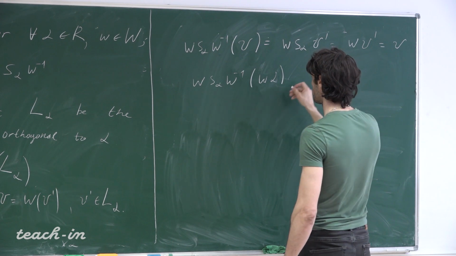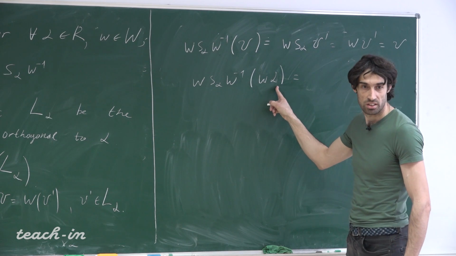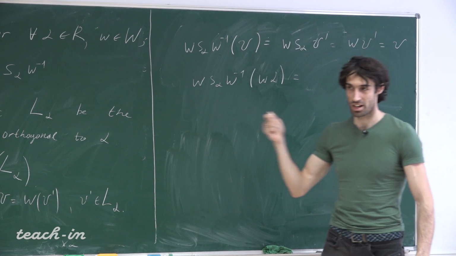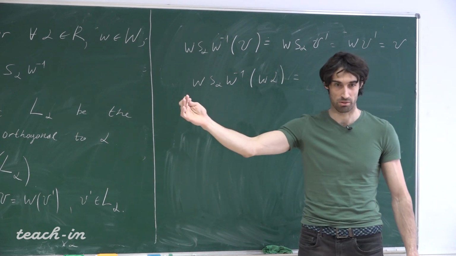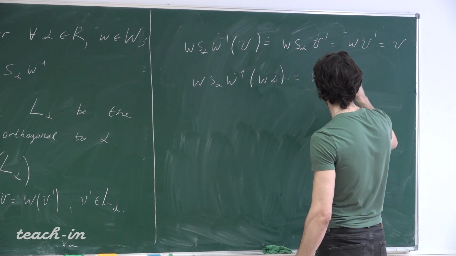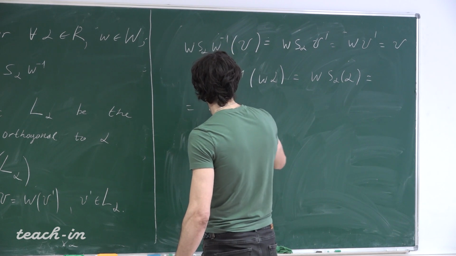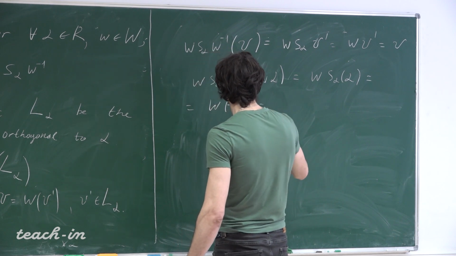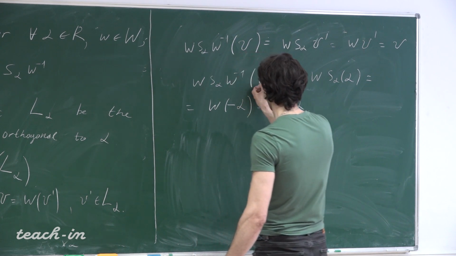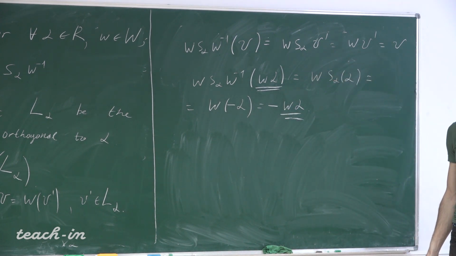Again, this cancels. Then S alpha applied to alpha is negative alpha, right? Reflection with respect to the hyperplane orthogonal to alpha. So this will be W of S alpha of alpha, and this is W of negative alpha. So minus what I started with, right? I apply it to this and get negative this.